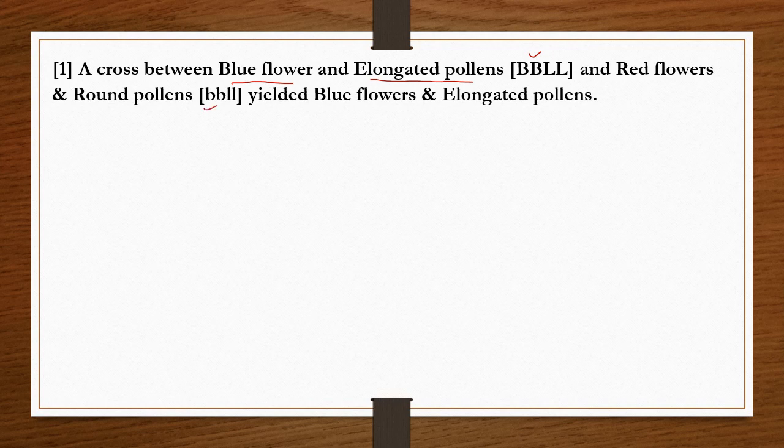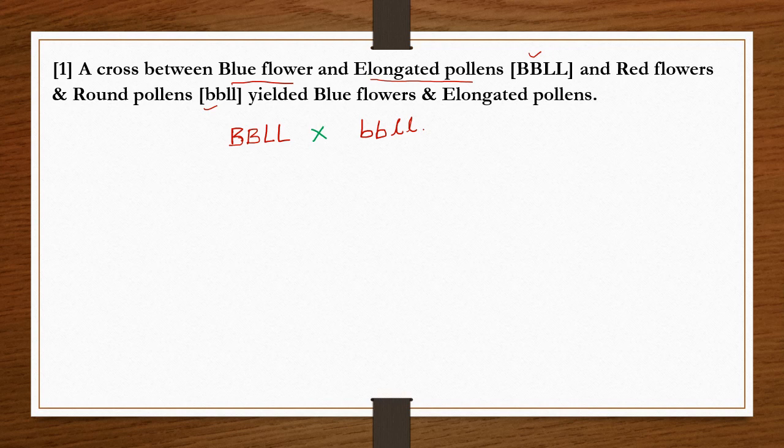So the first cross is made between the dominant, capital B, capital B, capital L, capital L, that is a blue flower with elongated pollen grains, crossed with a red flower with round pollen grains. This is the first cross made.